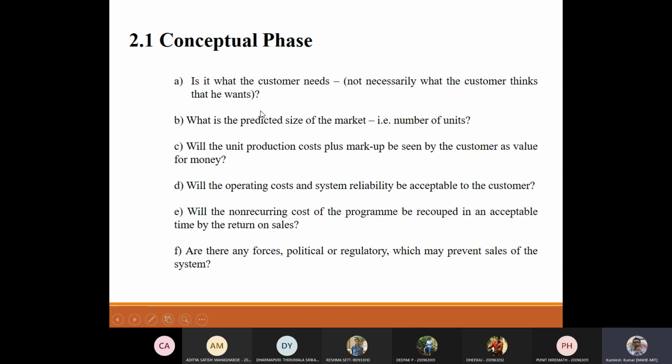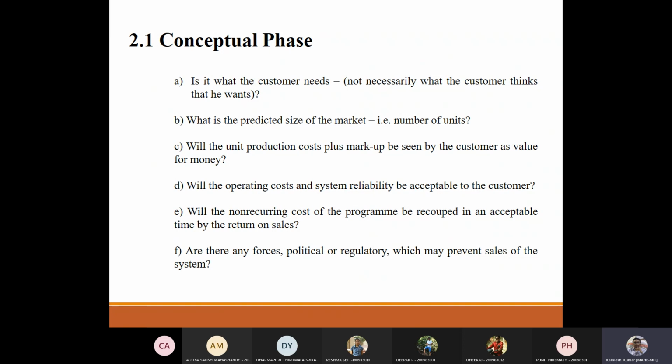The first question they raised is: is it what the customer needs? Most of the time customer requirements are very high when you go to the customer with a new product or a new startup. You visit the customer first, look at what the customer requires, and that is not available, so you are coming with a new idea, thinking like a startup, correct.